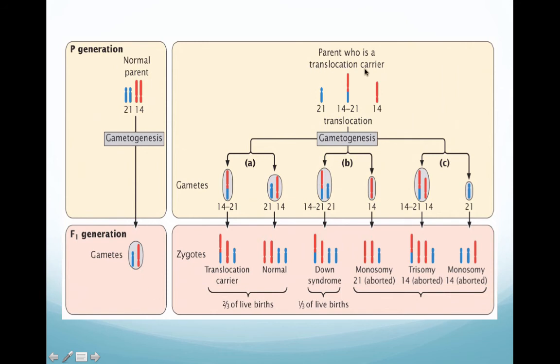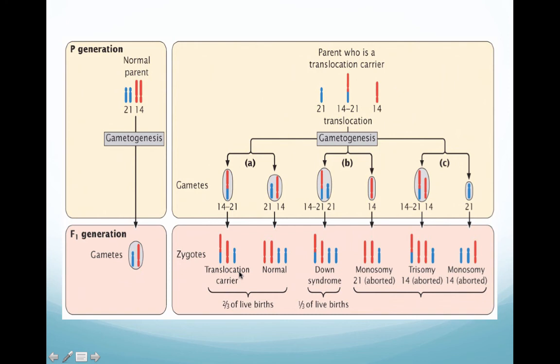So we can see if we have a parent that is a translocation carrier, so they've got one copy of 21, then they've got a copy of 21 attached to 14, and then they've also got a normal copy of 14. So non-disjunction is going to take place, and as we go through meiosis 1 and 2, and then fertilization, we get zygotes that are going to have these different types of copies of DNA.